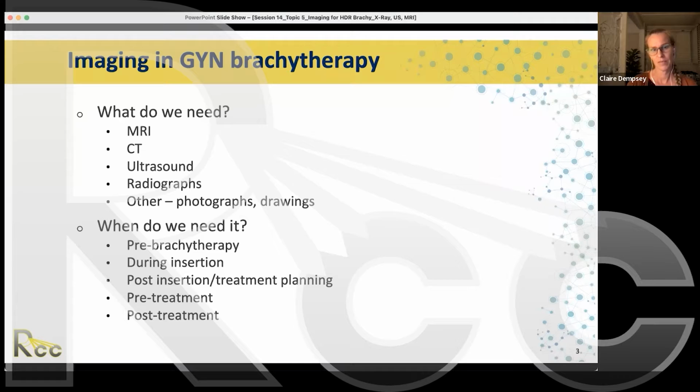I'm also going to briefly touch on things like photographs and drawings as imaging types that can also be really helpful in brachytherapy. And then what I'll also talk about is when do we need these particular imaging types? So be it before brachytherapy, during insertion of brachytherapy applicators, post-insertion, so for treatment planning purposes, and then also post-treatment.